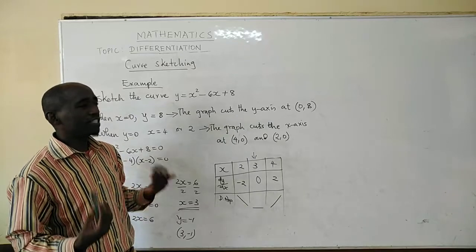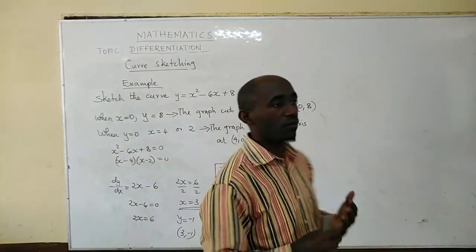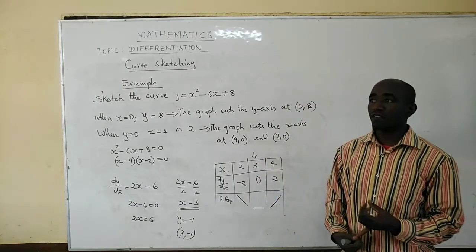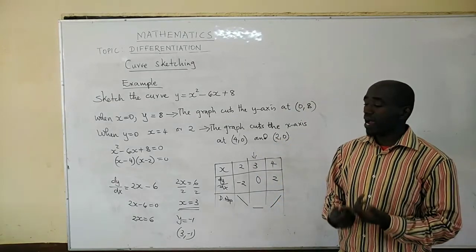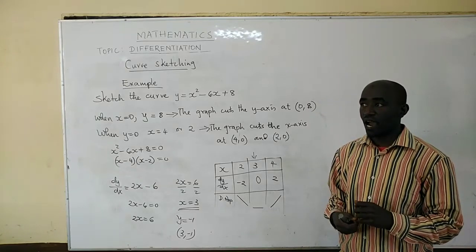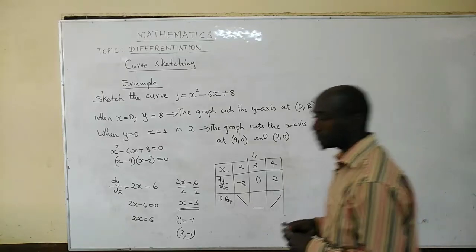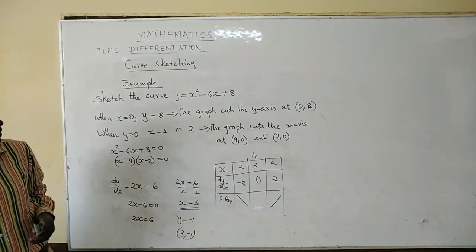So we have all the features which we require. Remember, the features we require are where the graph cuts the x-axis, where the graph cuts the y-axis, and where the stationary points are, and what type of stationary point it is. So let us sketch the graph.